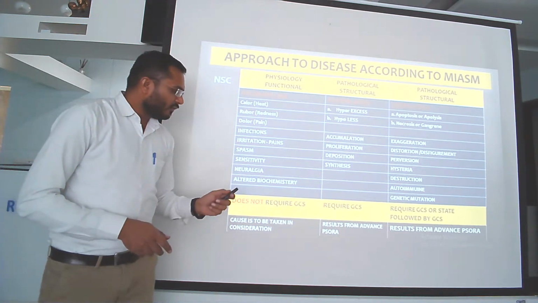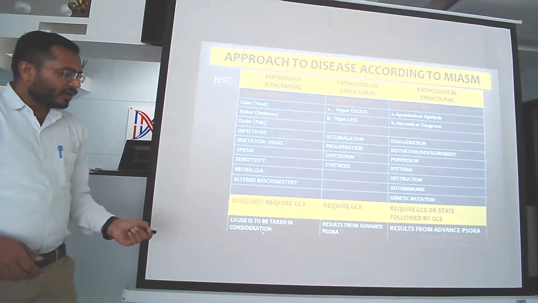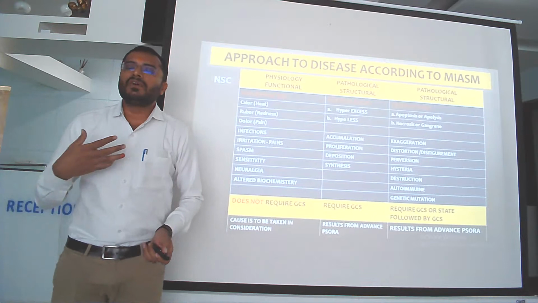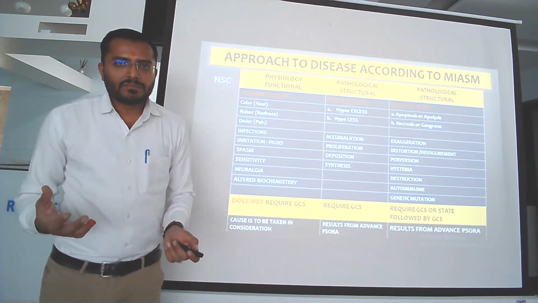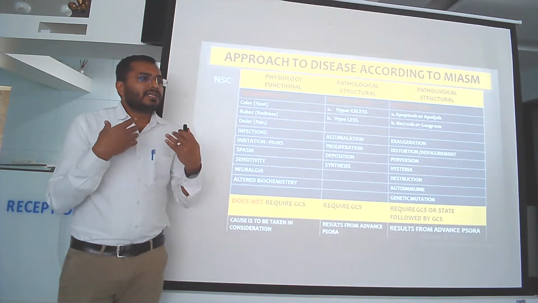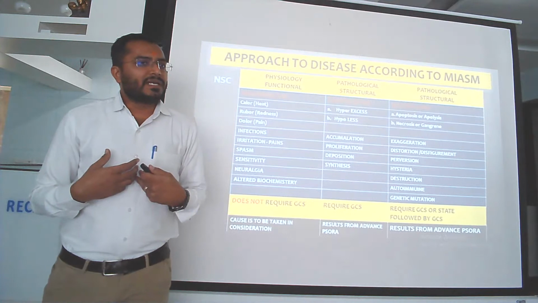Okay. Now further, always you have to consider that the cause has to be there. Because if I am not sensitive, if I am not susceptible, if I am not sensitized by the environmental process, then I am not affected.